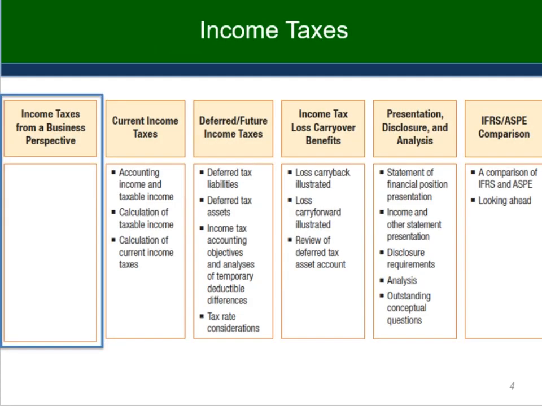This is sort of a graphical representation of where we're going to go with today's discussion. We start with the idea that Chapter 18 addresses issues related to accounting for income taxes. Taxable income is computed in accordance with the prescribed tax regulations and rules, whereas accounting income is measured in accordance with GAAP, which could be IFRS or ASPE, and those guidelines are found in the CPA Canada Handbook in Section 3465 for ASPE.